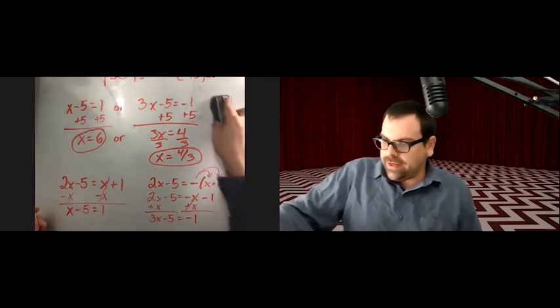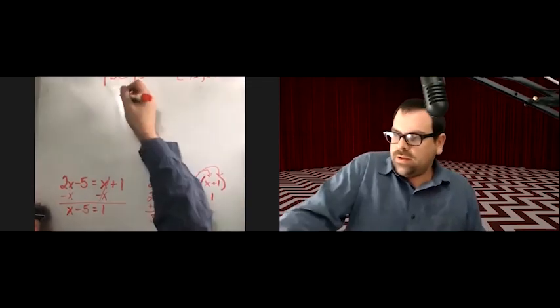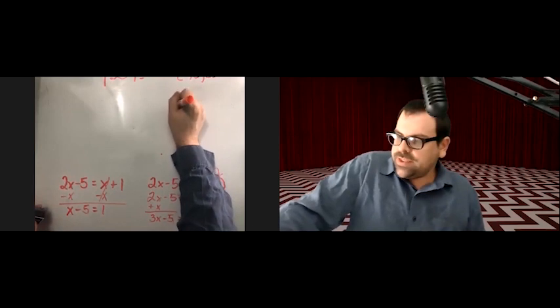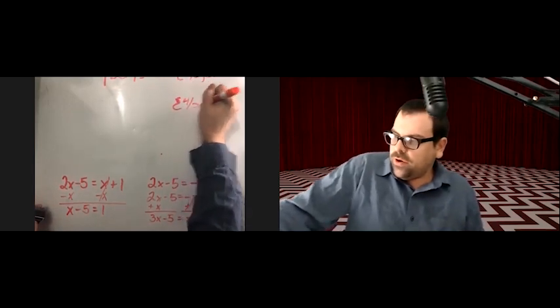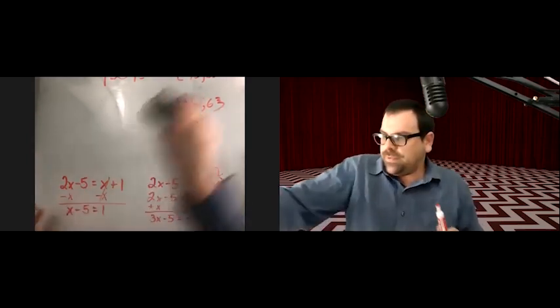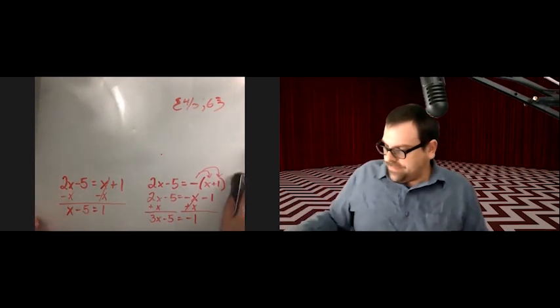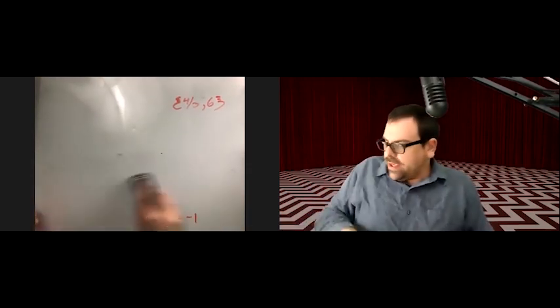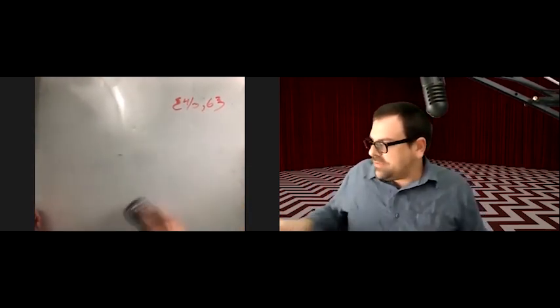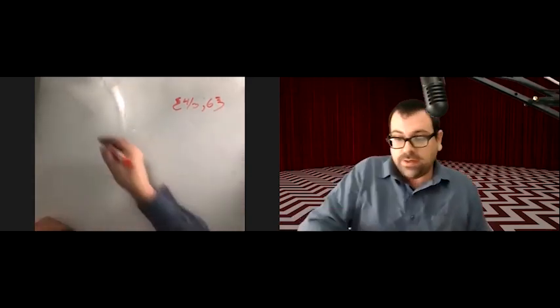And you can't see any of that. Let me write that again. We got a solution set of 4/3 and 6 when we had the absolute value on the left. Now let's go ahead. You don't have to do it both ways. This is still me showing you, hey, it really doesn't matter.